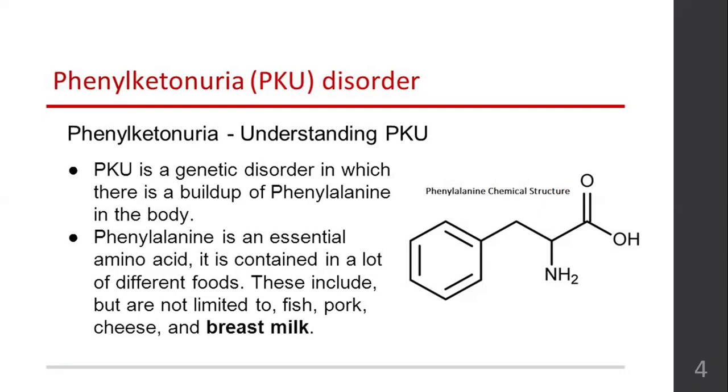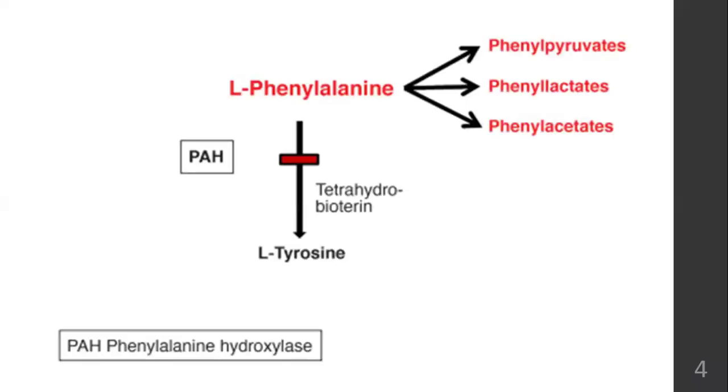So that is ketonuria, especially phenylketonuria. Because too much phenylalanine is in blood, that amount of phenylalanine will leave the body as well. So it's because of the absence of PAH, that's the hydrolyzing enzyme.